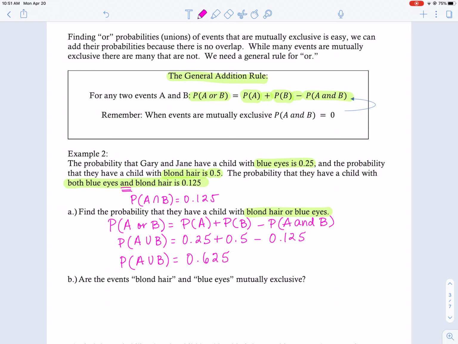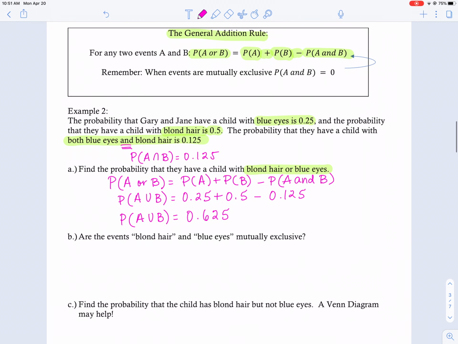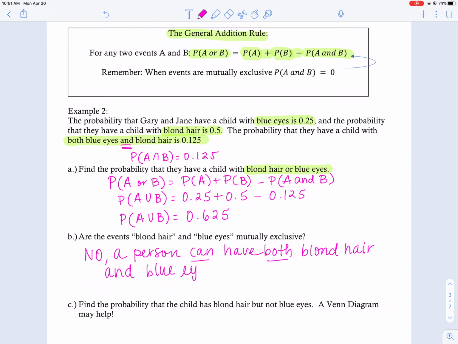Are the events blonde hair and blue eyes mutually exclusive? In other words, could somebody have blonde hair and blue eyes? Yes. So they're not mutually exclusive, because you could have both outcomes occur. Okay, a person can have both blonde hair and blue eyes.